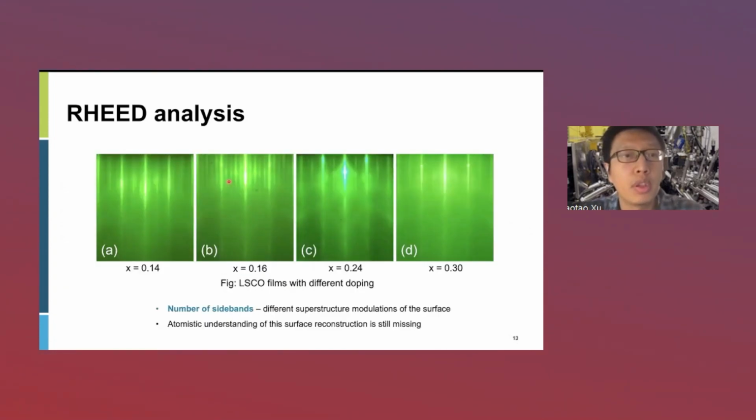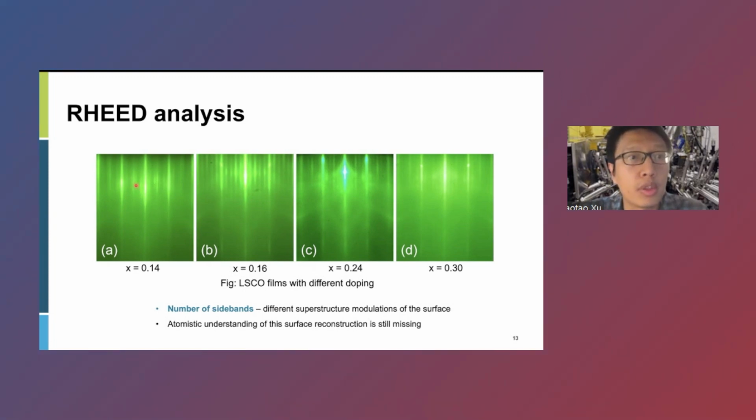So here, I'm showing the RHEED pattern of LSCO films with different doping levels. As we can see, they all have this kind of sideband reconstruction, which means that it is a universal feature for all the different doping levels. But if you look carefully, the patterns of the different dopings are different.